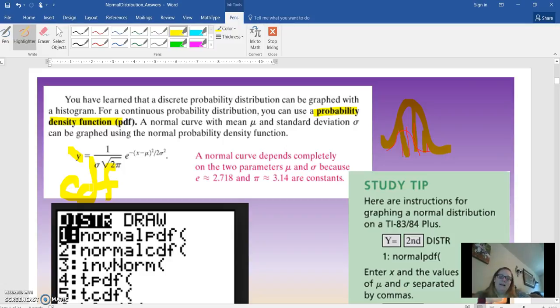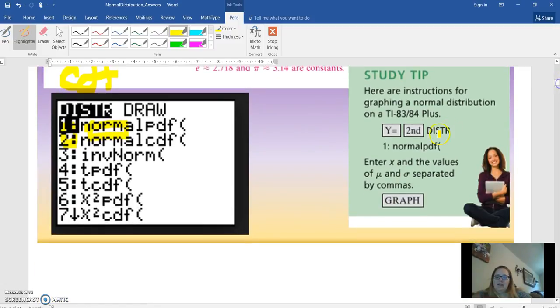The only reason I'm telling you these things is because when you press distribution, with the second bars on your calculator, these are the things we'll use to calculate different things. That's why I want you to know why it's called PDF. Right, and then you push second. You don't need to necessarily push y equals.